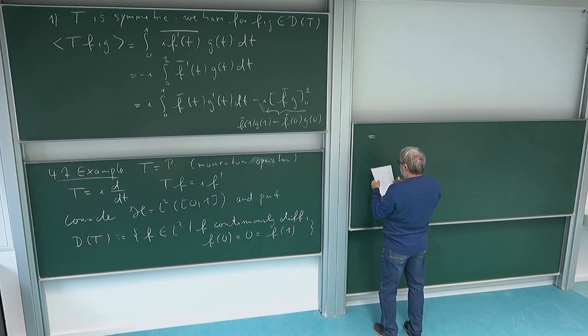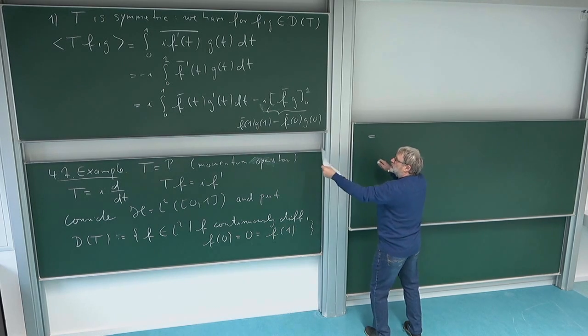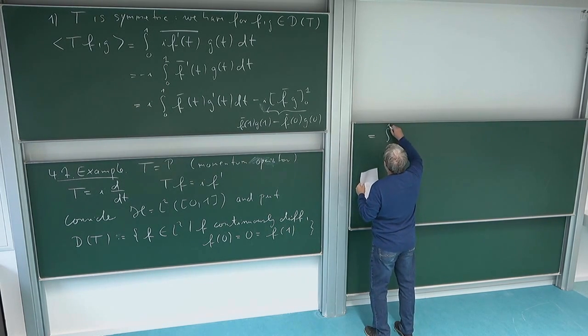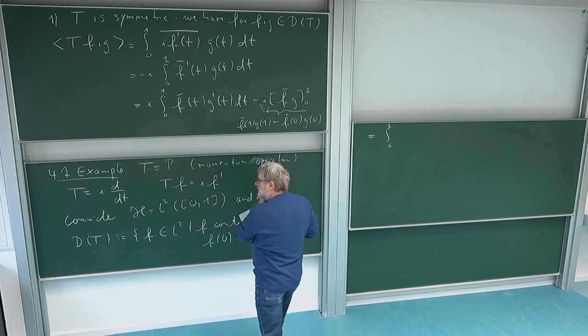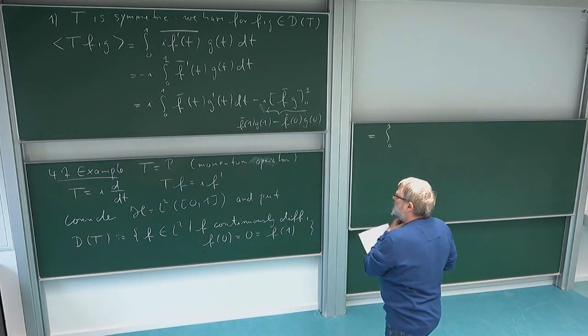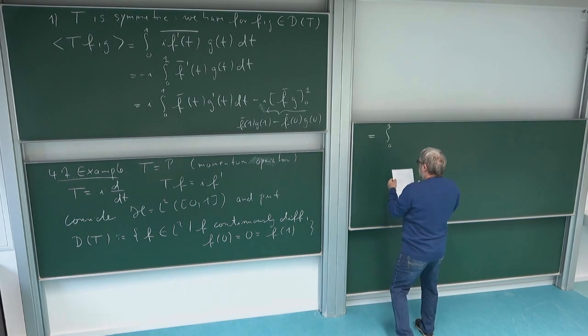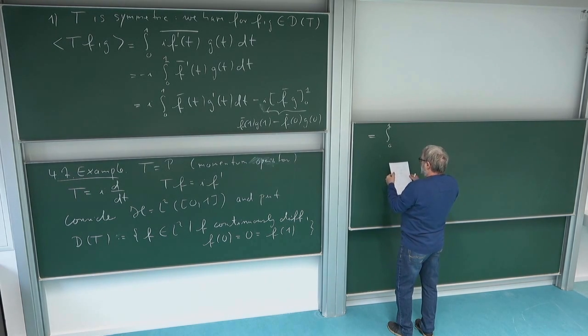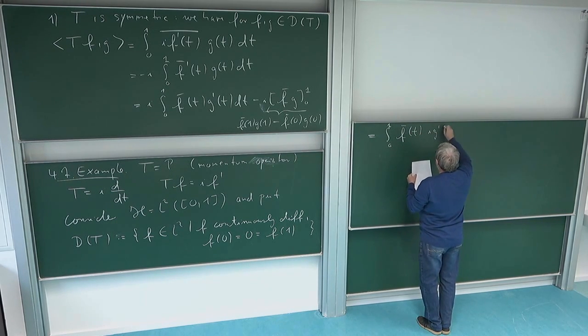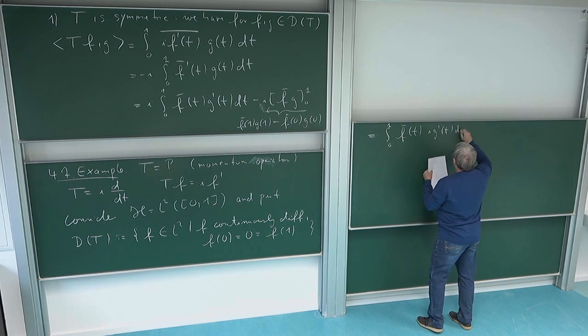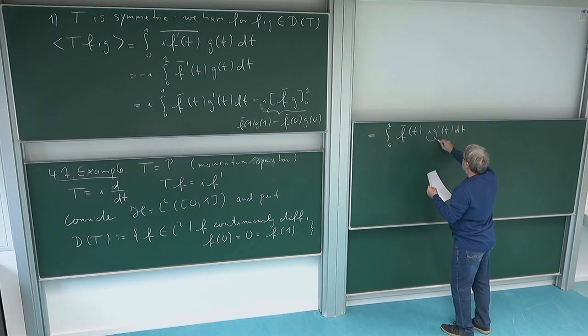So I'm really left with the first term, which is the integral from 0 to 1. And now I move the i inside again, because the t also has this i in its action. So I have here the f bar of t, and the i, I'm writing it here, g of t, and you see this here of course is now just the action of t but on g.